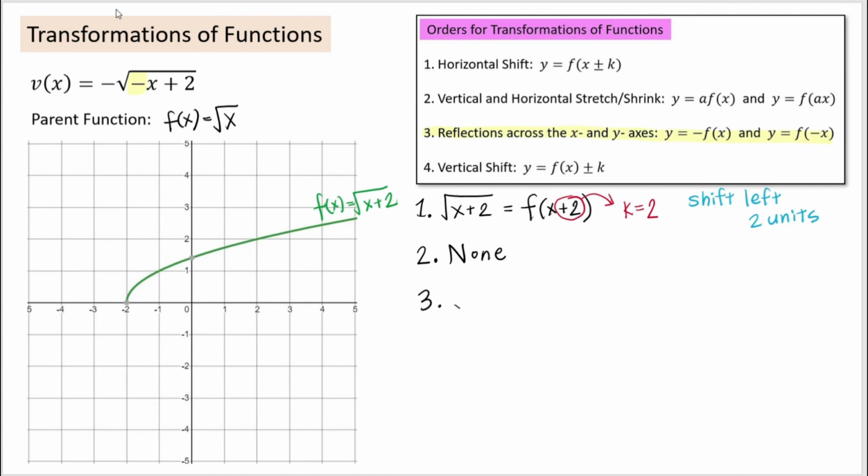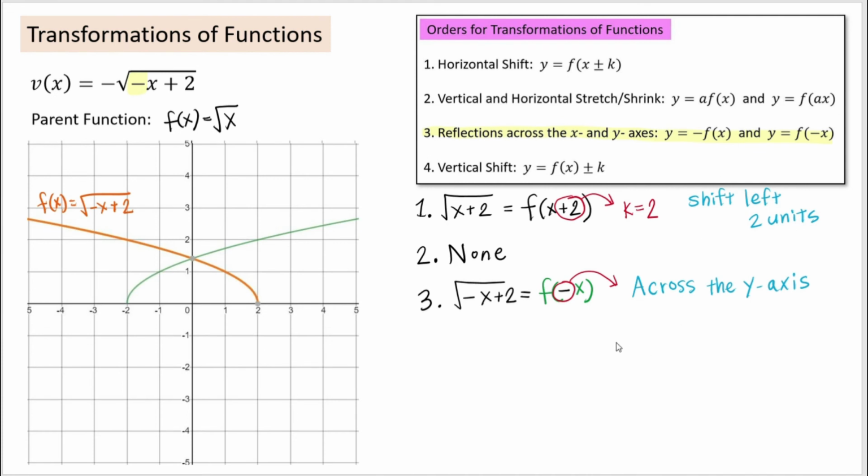So square root of negative x plus 2 is equal to f of negative x. We reflect the function f of x across the y-axis. We get the function square root of negative x plus 2. Let's call this function f of x.